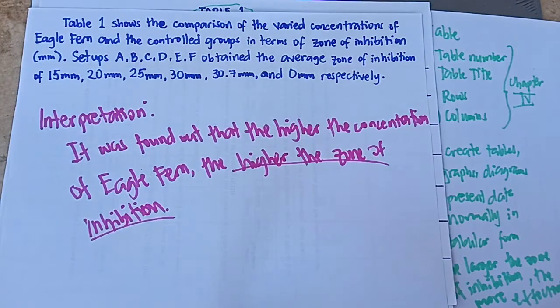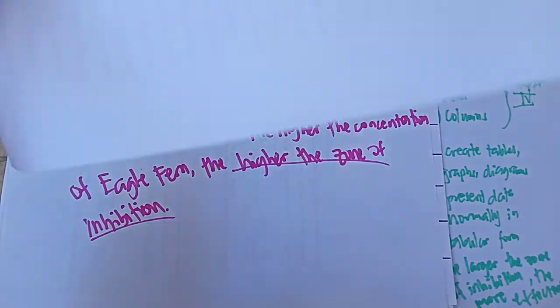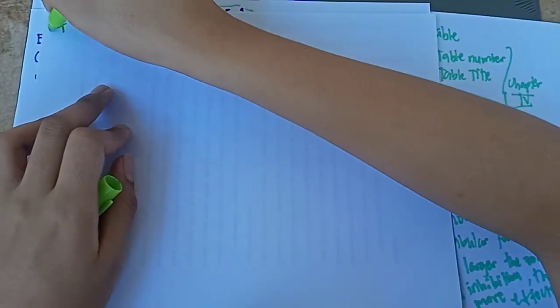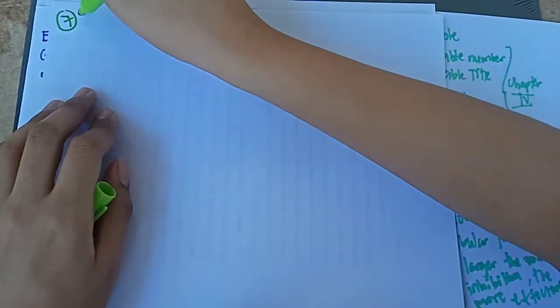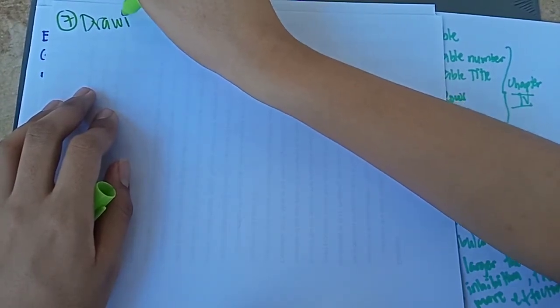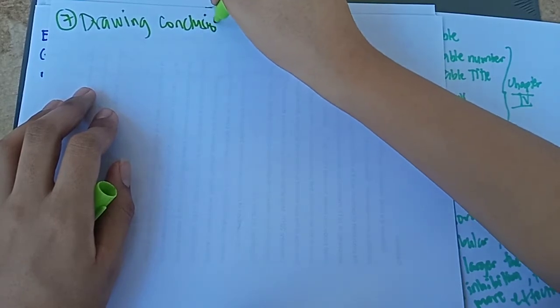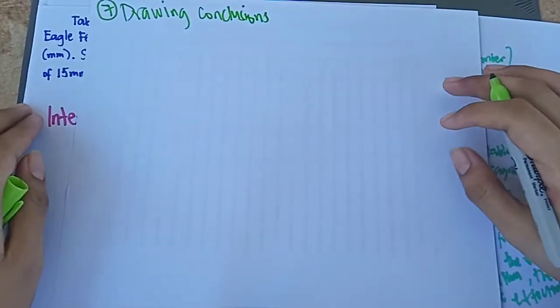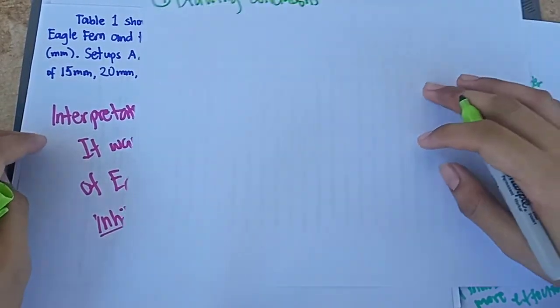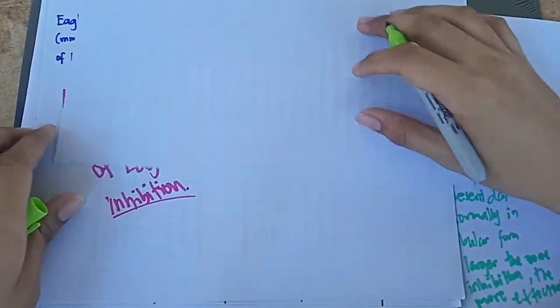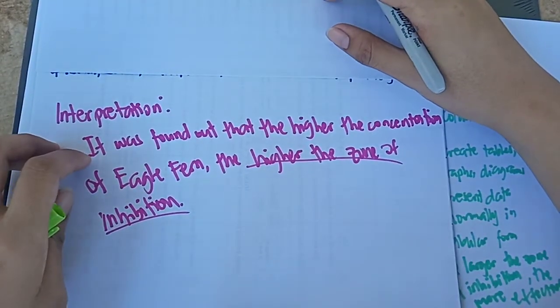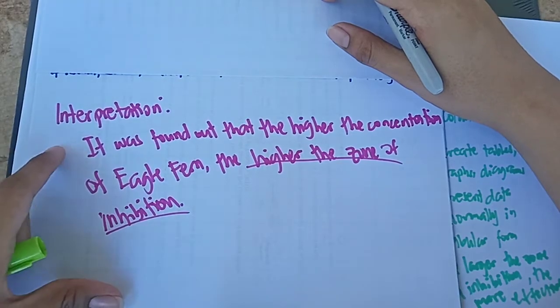Now, using this interpretation, we are ready to proceed to the 7th step. And what is that 7th step? That 7th step is drawing conclusions. So, how do we derive conclusions based on the interpretation? We interpreted that it was found out that the higher the concentration of eagle fern, the higher the zone of inhibition.